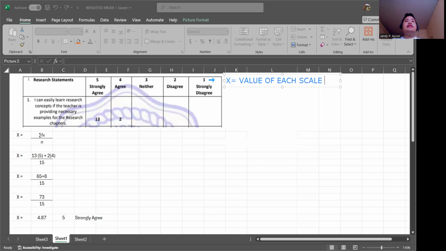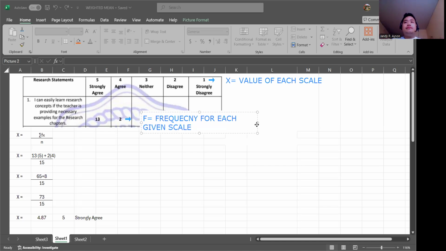Now, alin naman daw si f? Pag sinabing f daw, this is the frequency for each given scale. Alin naman po yon? Yun naman po ay itong mga to. Ayan. So, si 13 at saka 2, kapag po pinagsama natin yan, that is the f or the frequency for each given scale.